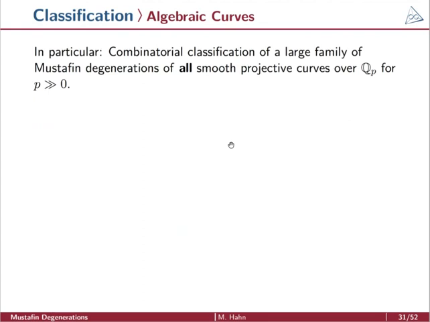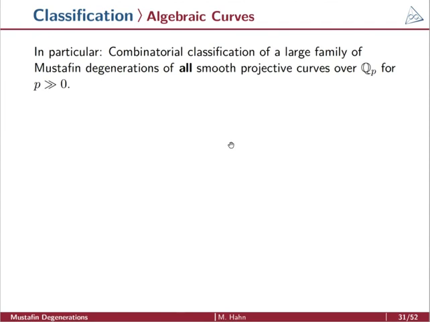That really comes from the fact that we heavily use computer algebra in our proof. And so for the higher dimensional cases and also for the special cases of the primes, the computations just don't finish. And so we don't know yet. So that is the current state of affairs when it comes to the classification of Mustafin degenerations.